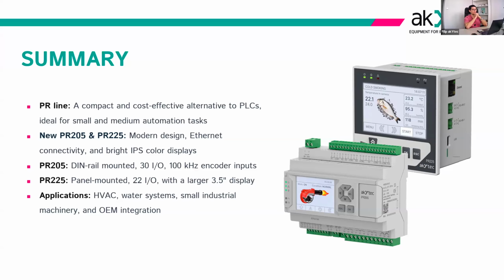The PR205 is DIN rail mounted with 30 inputs and outputs and 100 kilohertz encoder inputs, and the PR225 is panel mounted with 22 inputs and outputs and a larger 3.5 inch screen. Both devices are perfect for HVAC, water systems, small industrial equipment, and OEM integration.